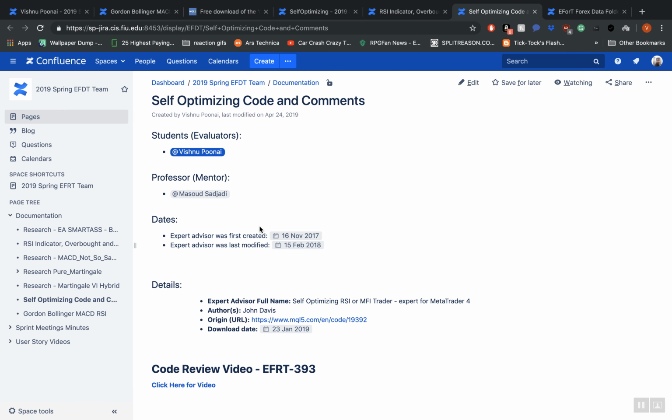That is pretty much it for the introduction to this EA. It's a very clever and well built EA, in my opinion. Since it's a self-optimizing EA, the more you run it and experiment with values, it changes the overbought and oversold positions to help you generate maximum profit depending on your optimization periods.